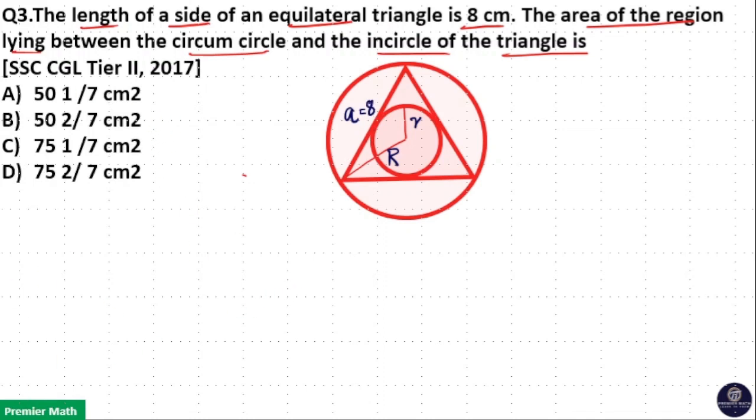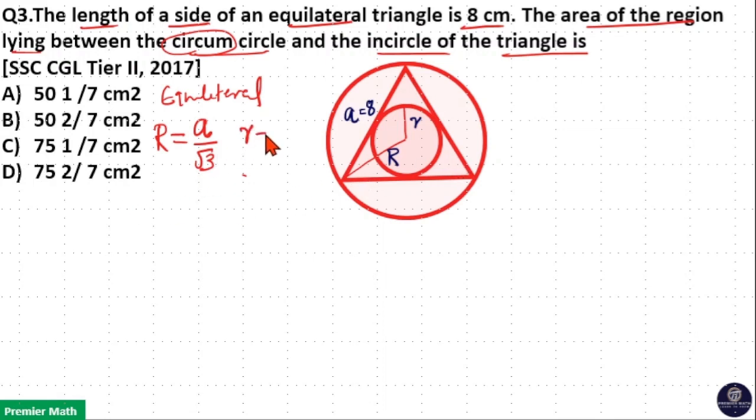Now, for an equilateral triangle, the radius of outer circle, that is circumcircle, is equal to A by root 3. Here A is equal to 8, that is side of the equilateral triangle divided by root 3.